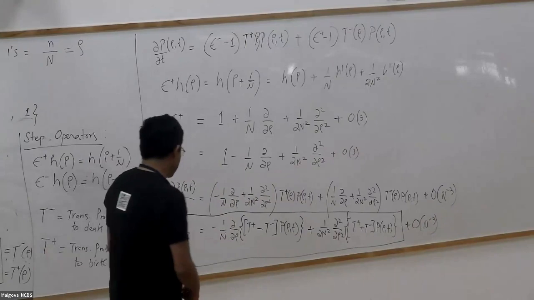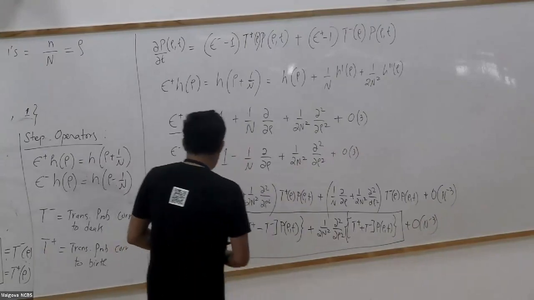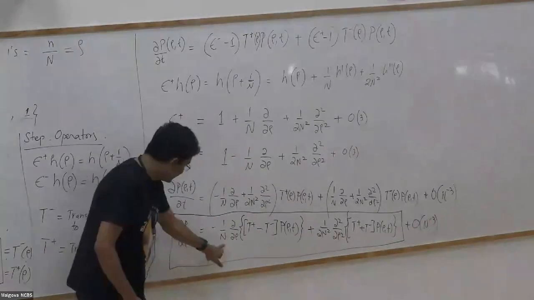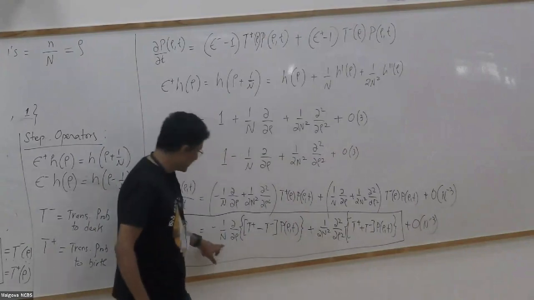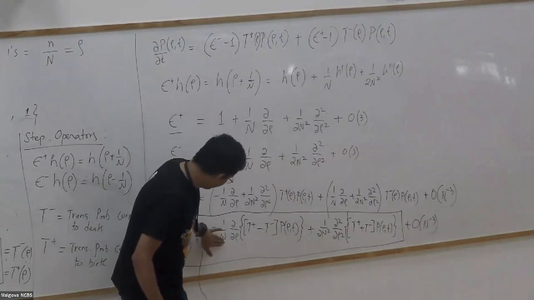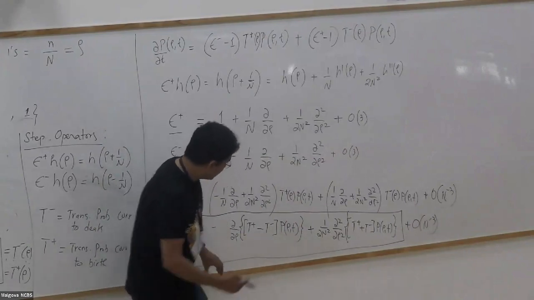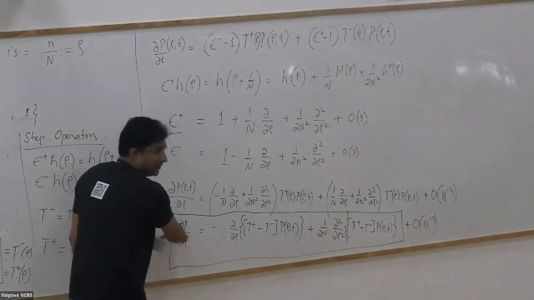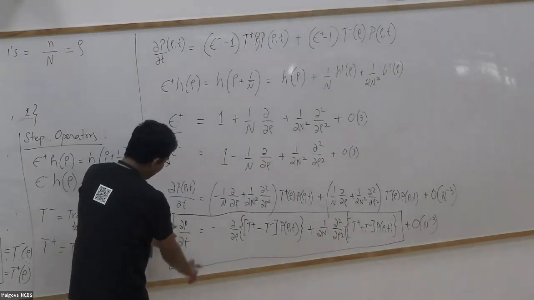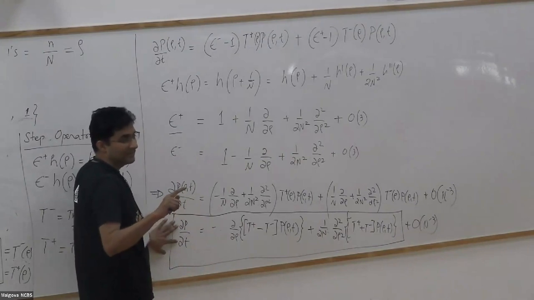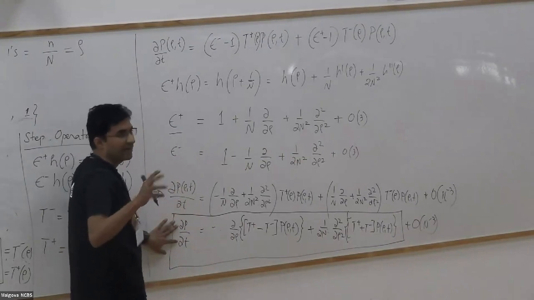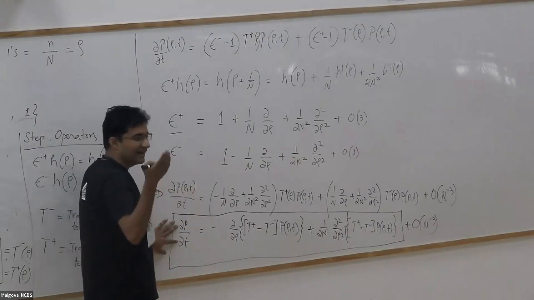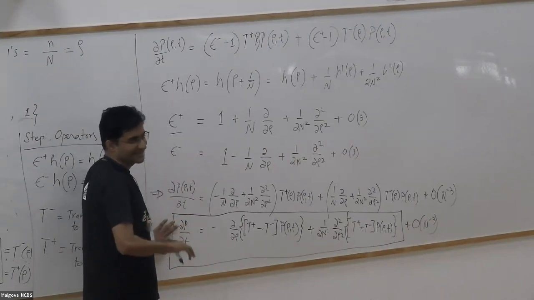The next thing I will do is, there is an n common on both sides. So I will take up one of these n's and write this as 1 over 2n. So n comes here. Then I will redefine my time scaled by n, call that t prime, and then recall t prime as t. Okay.